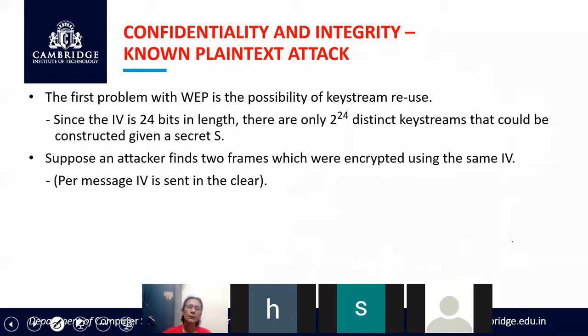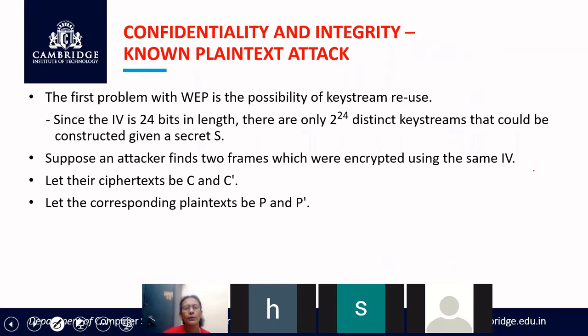Now suppose an attacker finds two frames which were encrypted using the same IV. Then what is it that he can do? The ciphertexts are different; only the IV is the same.